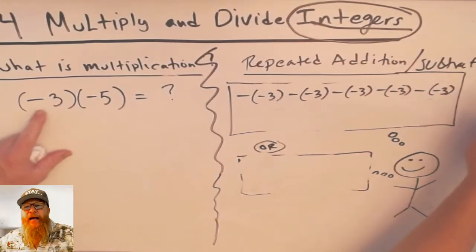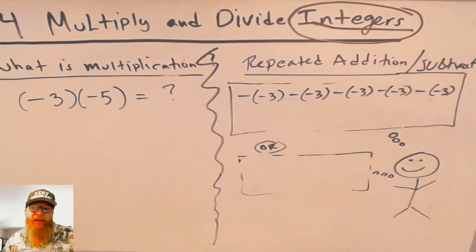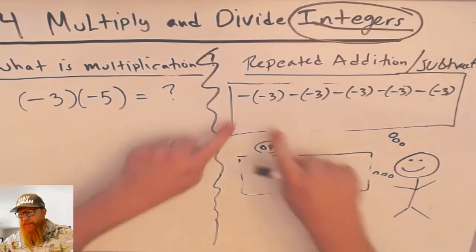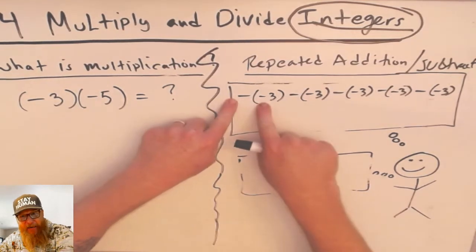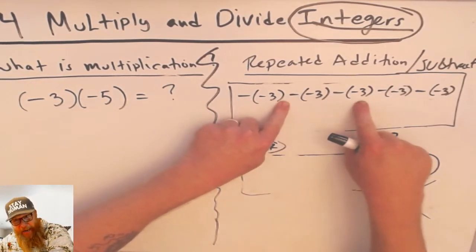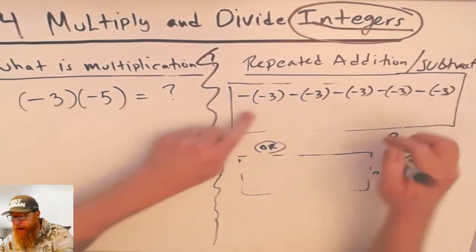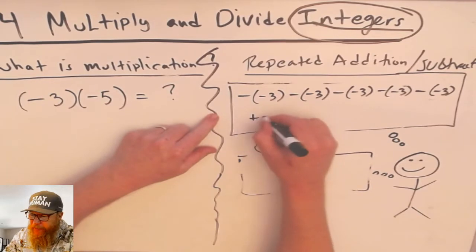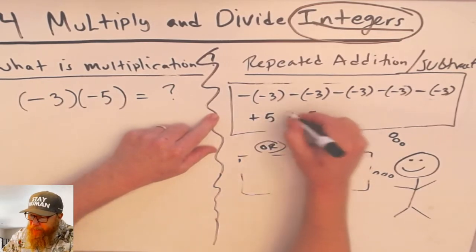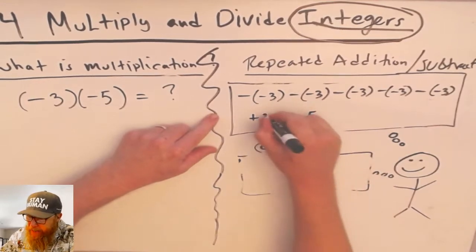We learned that in the last lesson. So subtracting and adding follow exactly the same rules. So I'm saying subtract negative 3, subtract negative 3, subtract negative 3, so on and so forth. Let me make sure I got the right number of times. 1, 2, 3, 4, 5. And remember, we learned this in the last lesson. When you subtract a negative, that is the same as adding a positive.